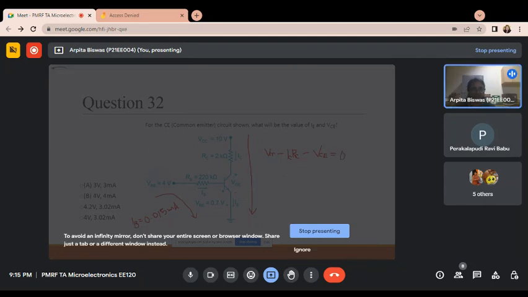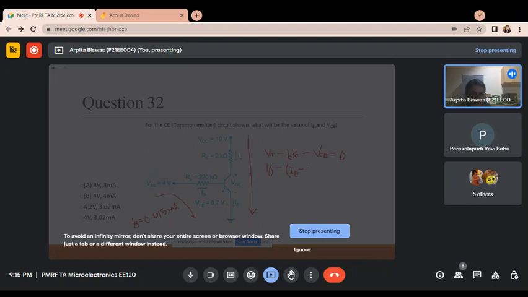Okay, so then put the value: 10 minus IC value. It is not given, so you can write here IC equal to IE minus IB.